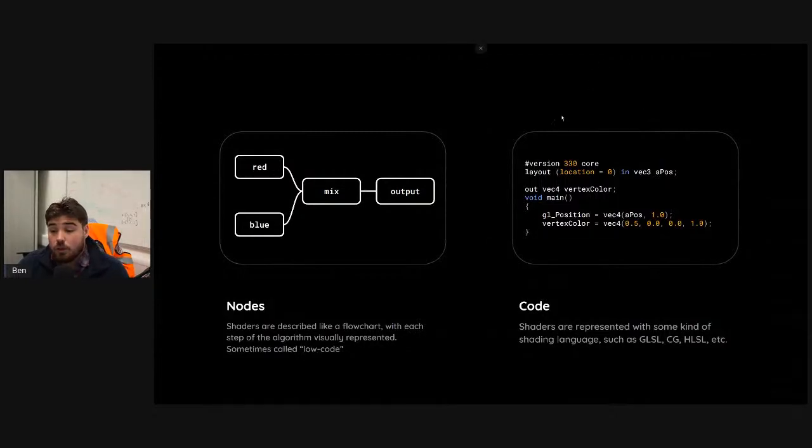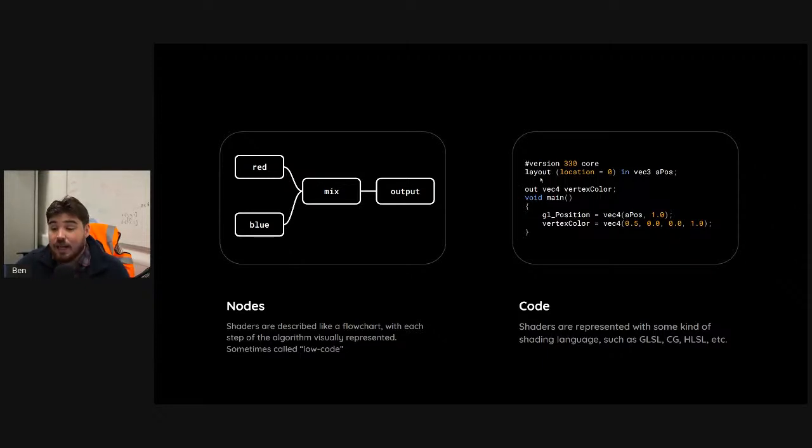With code, we literally type in code like we would with any programming language. This here is a shading language called GLSL. So the instructions that we give to the shader, to the graphics card, are represented by text.